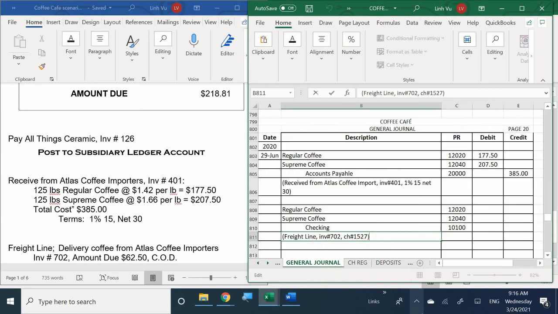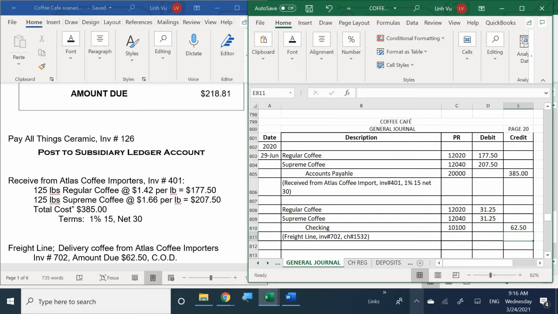So let me update my check number to 1532. Okay. So how much is going to go into the regular coffee? 31.25. Same thing for the Supreme. So I should get $62.50 as my total amount that I paid.